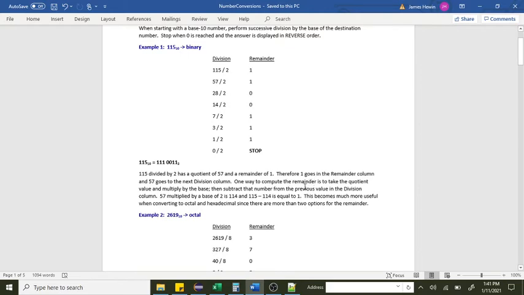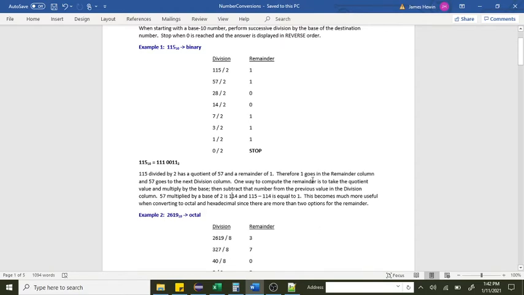So one way to compute the remainder is to take the quotient value, in this case 57, and multiply by the base, so 57 times 2, and then subtract that number from the previous value in the division column. So 57 multiplied by a base of 2 is 114, and then 115 minus 114 is equal to 1.